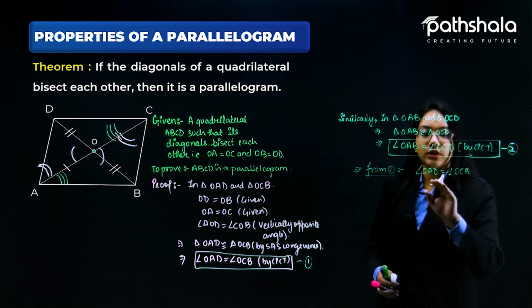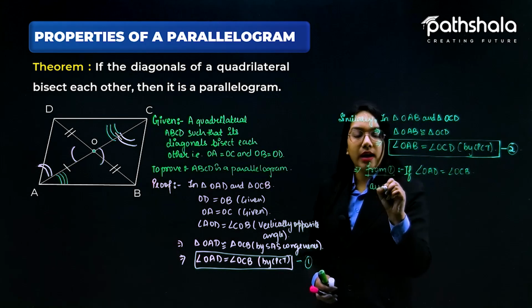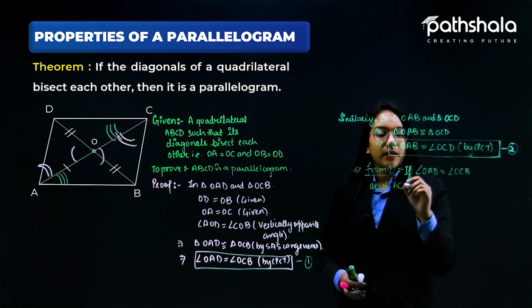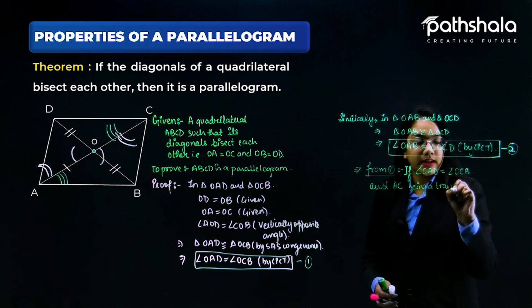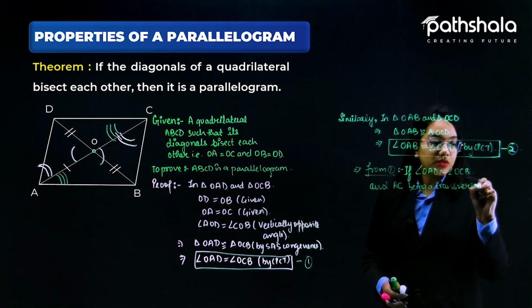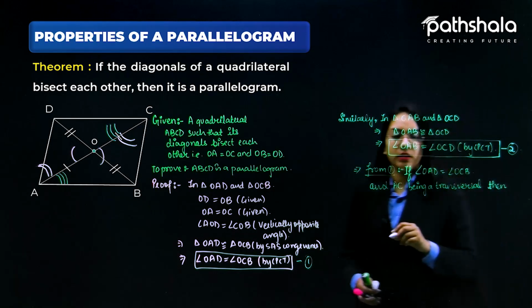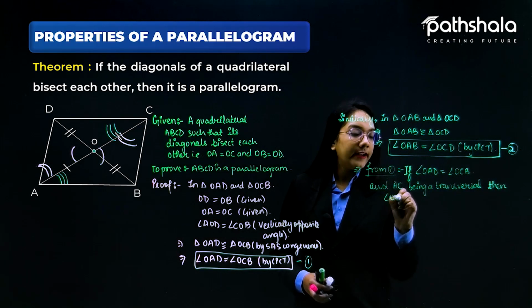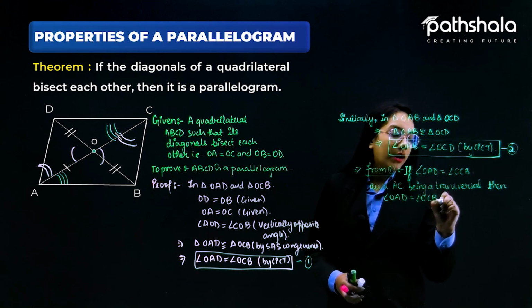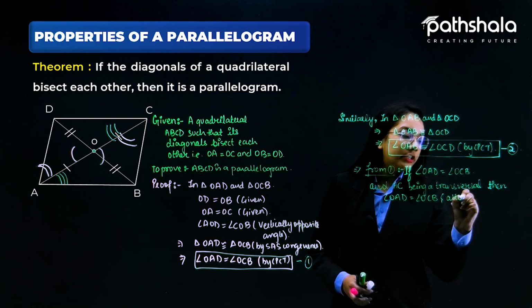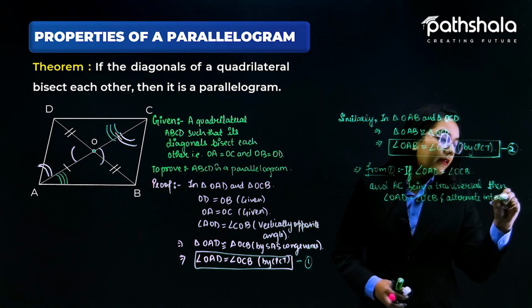If this angle is equal to this angle, and AC is a transversal, then angle OAD and angle OCB are alternate interior angles.